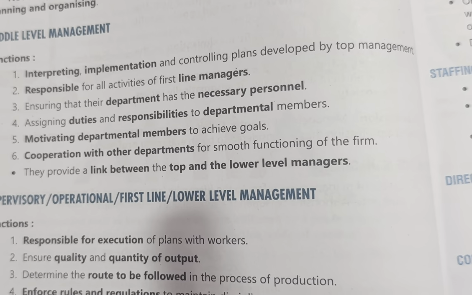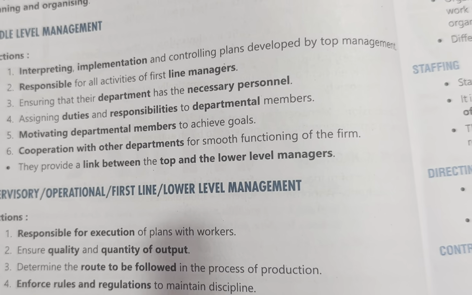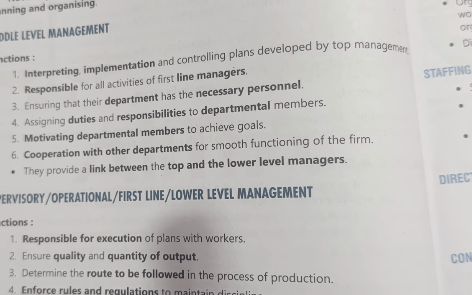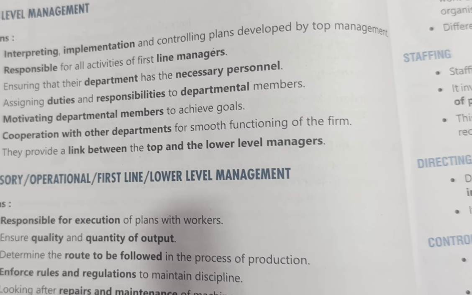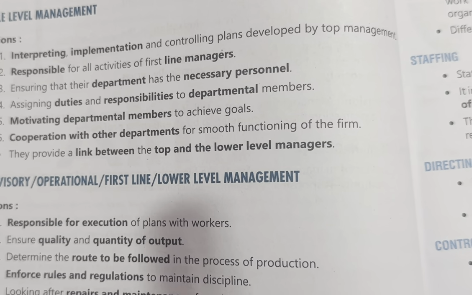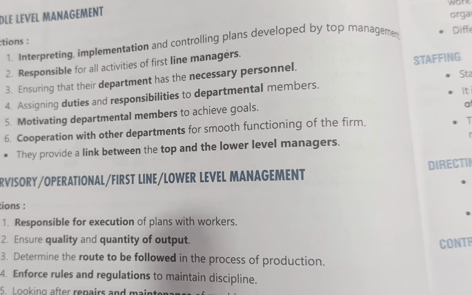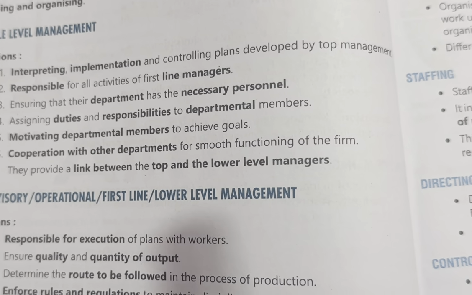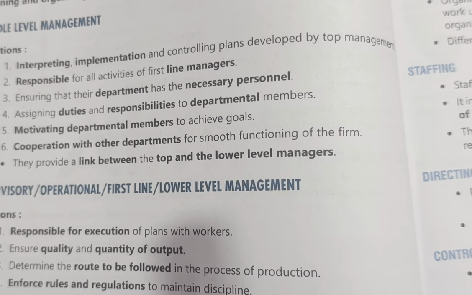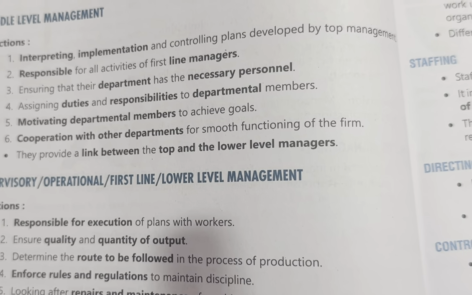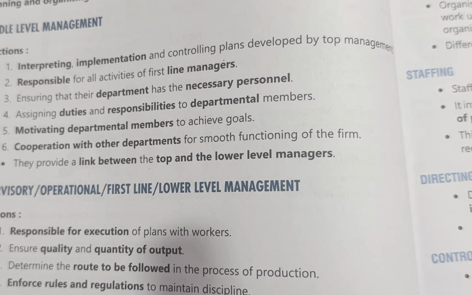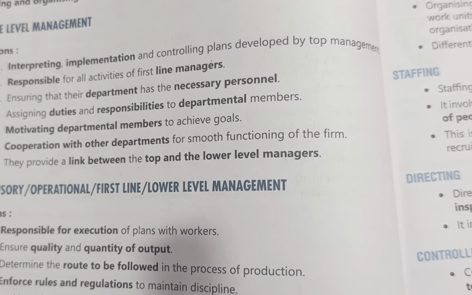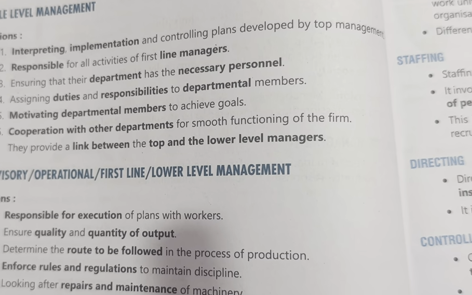So middle level management is responsible for every activity by first line managers, ensuring that the department has the necessary personnel. It's the duty of middle level management to ensure that their department, means under which department they are working, has the necessary personnel. Personnel means has the necessary employees under that department.